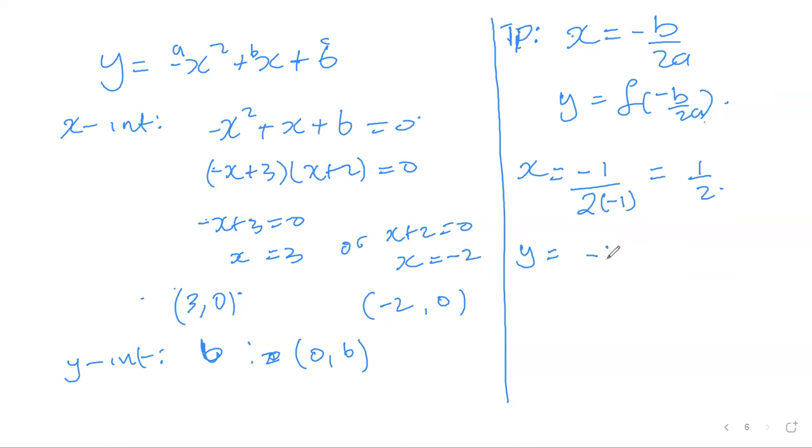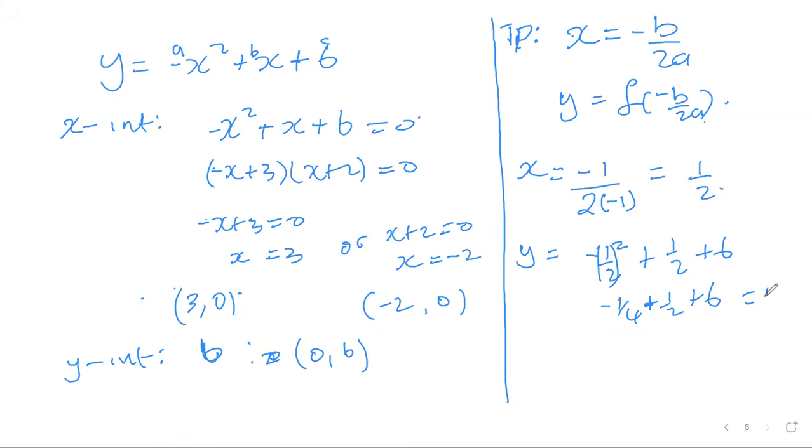So it will be minus a half squared, like that, plus a half plus 6, which is minus 1/4 plus a half plus 6, which is a half plus 1/4 is 3/4 plus 6, 6 and 3/4.